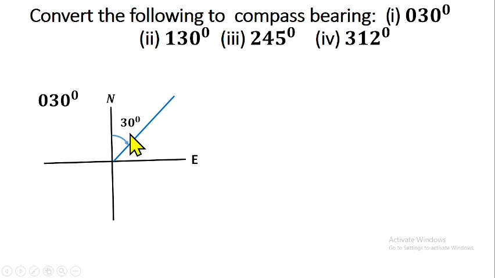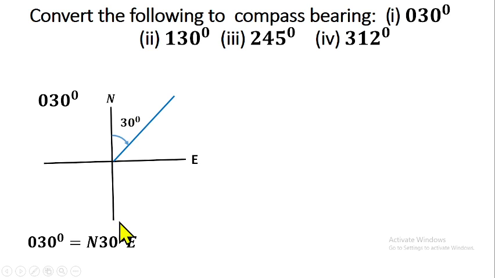So technically 30 degrees is the same thing as 30 degrees north to the east, since we are moving from the north to the east here to this line.